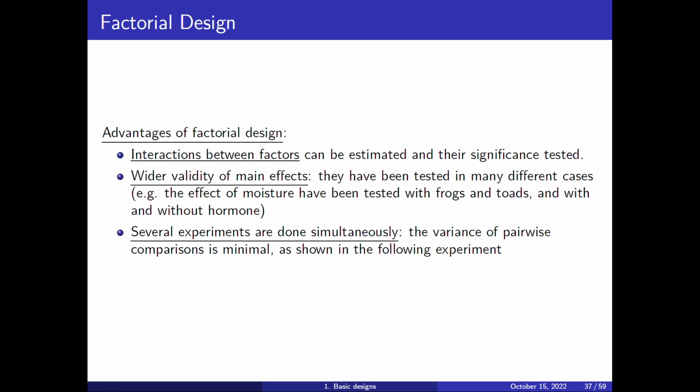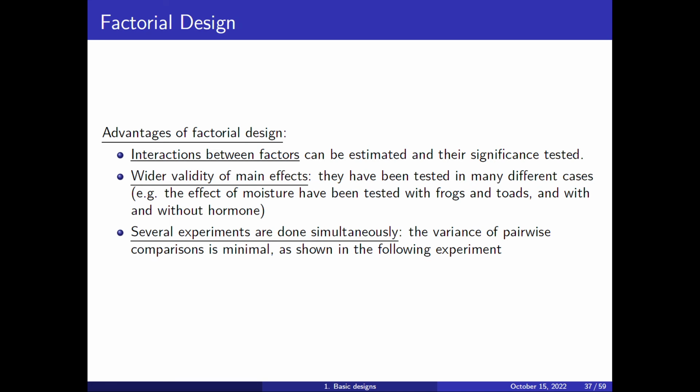So what is the advantage? What are the advantages of factorial designs? Factorial designs allow the estimation of the interaction between factors, and we can assess its significance. So we have said not all species respond equally to the hormone. We have a wider validity of the main effects because they have been tested in many different cases.